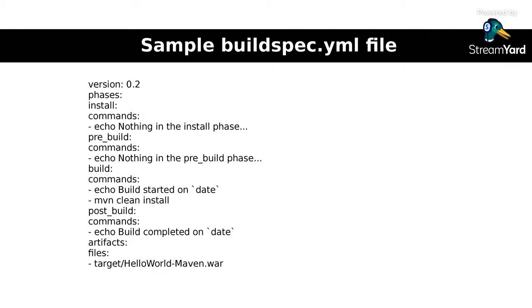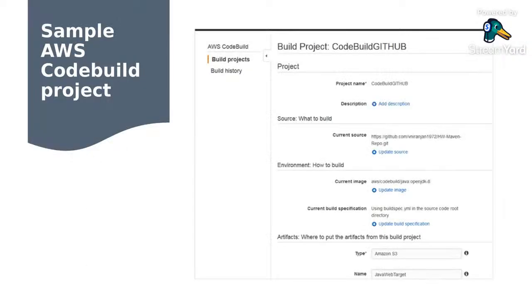We will upload it. Let's see in the next screen how we can configure it in AWS CodeBuild. In the AWS CodeBuild project, you will see CodeBuild has the GitHub repository detail. We are giving the project name and the description, where you can put your descriptions about your project. In the source section, you have to give the source code URL here, and then how to build it.